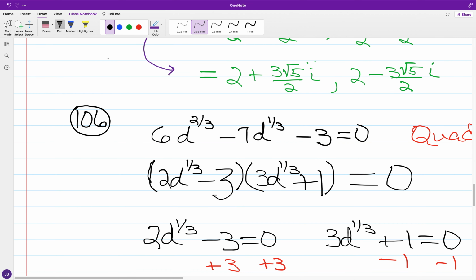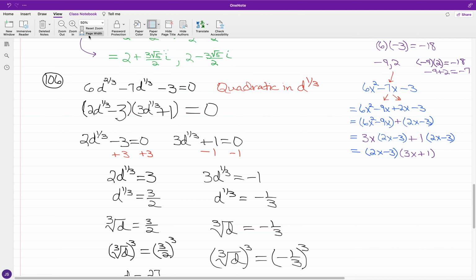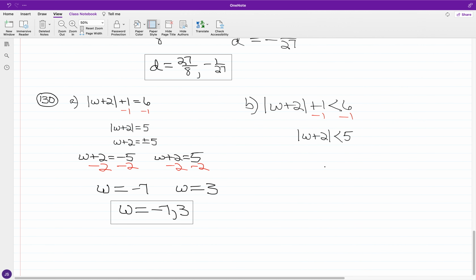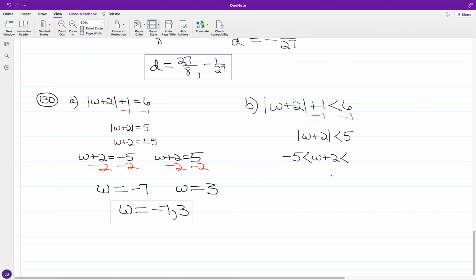And if the inequality is less than or equal to, upon removal of the absolute value signs, a compound inequality will be formed where W plus 2 lies between negative and positive 5. So we have negative 5 is less than W plus 2, which in turn is less than 5.